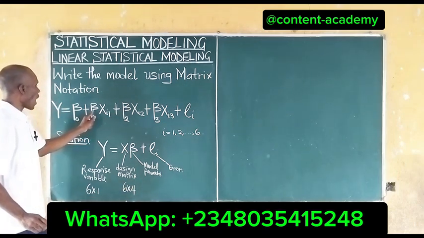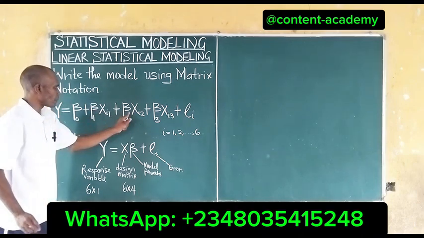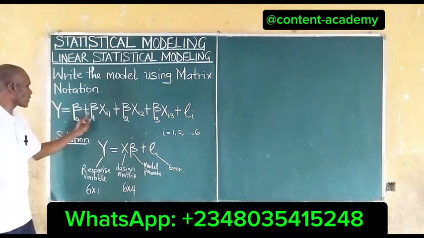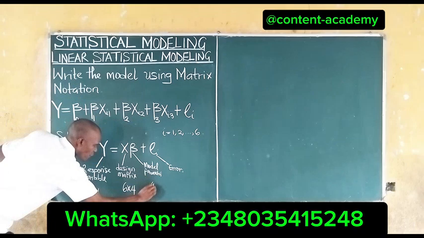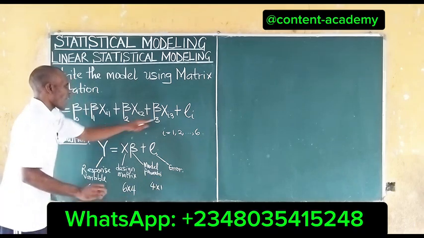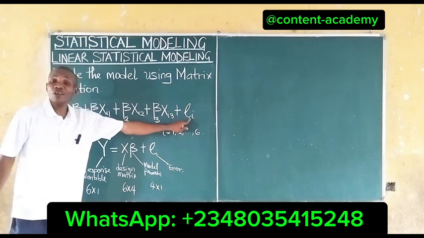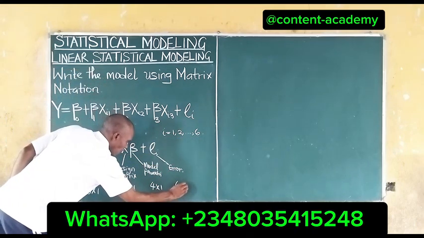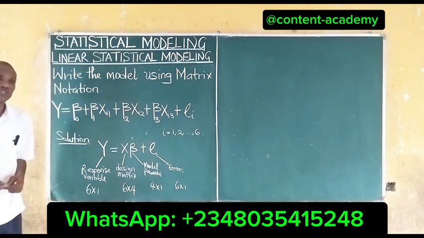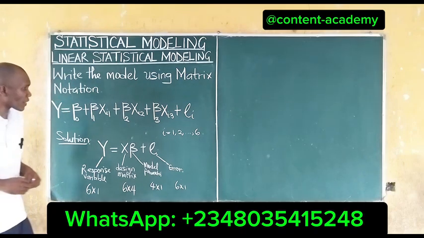Now, for our model parameter b, we have 1, 2, 3, 4, so it will be a 4 by 1 matrix. And for our error term, since it has 6 observations, it will be a 6 by 1 matrix. So this is how we can compute that.